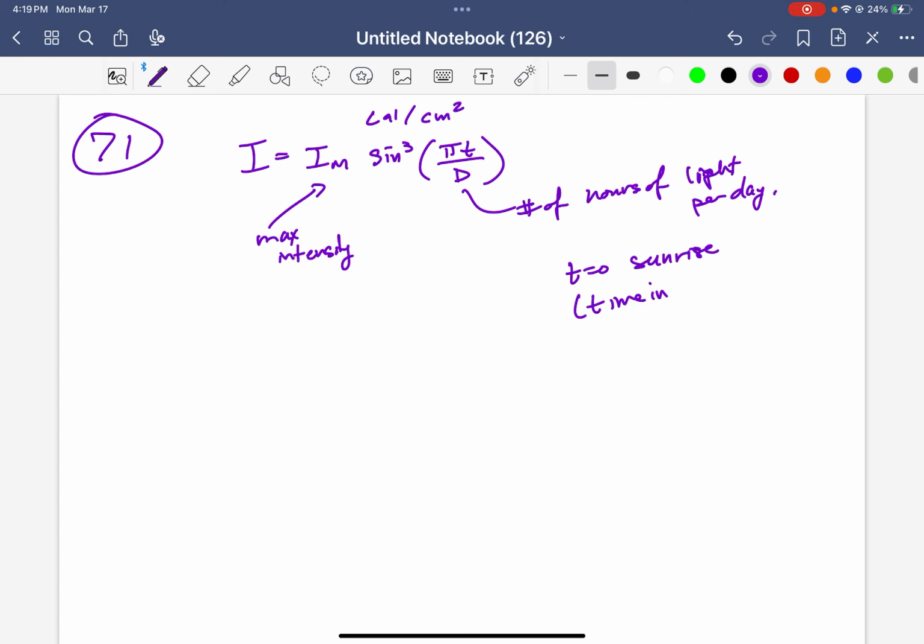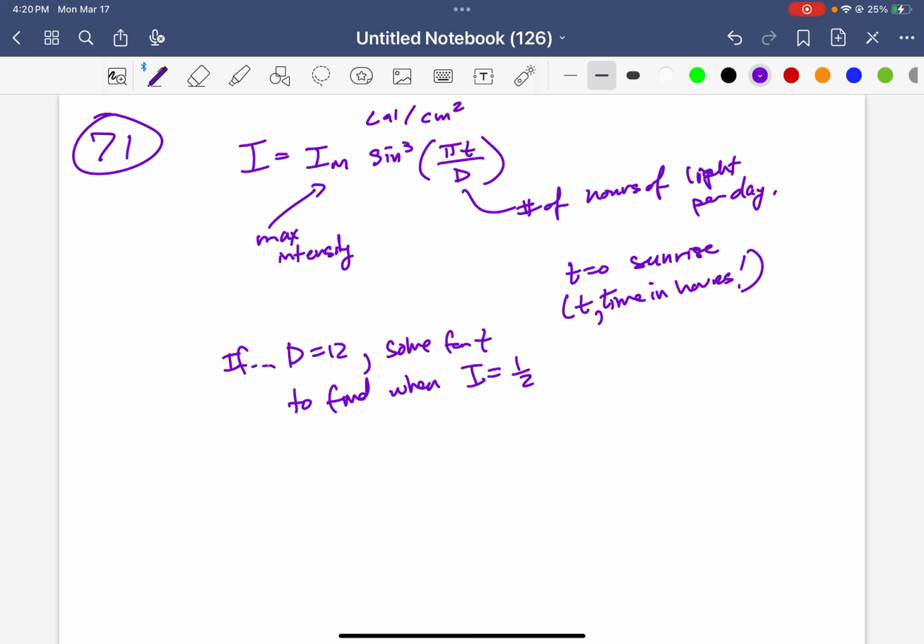T is time in hours. So it tells us that if D is equal to 12, solve for T to find when the intensity is equal to half its most intense.